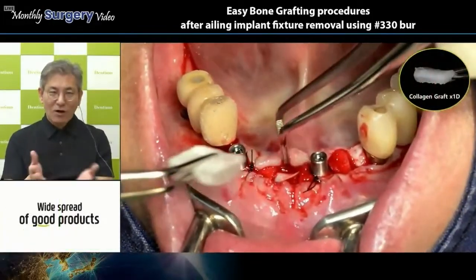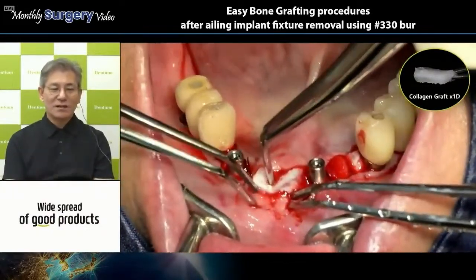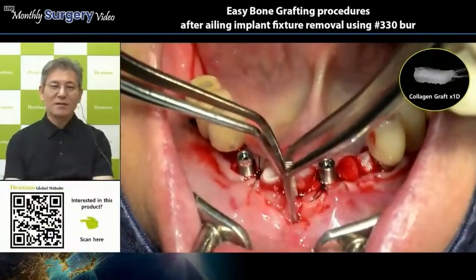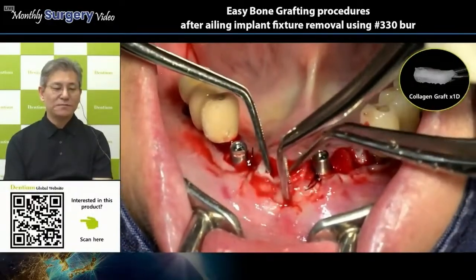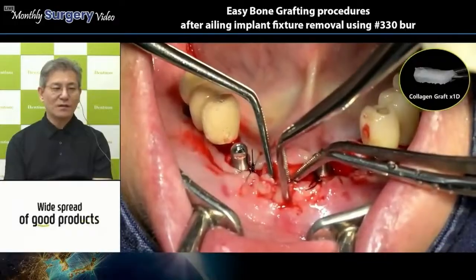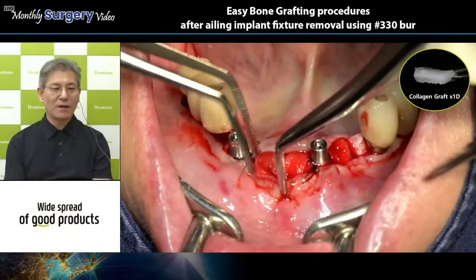The wound will be open, a little bit smaller, and then this collagen graft protects this open wound area. That is why we use collagen graft on this area.